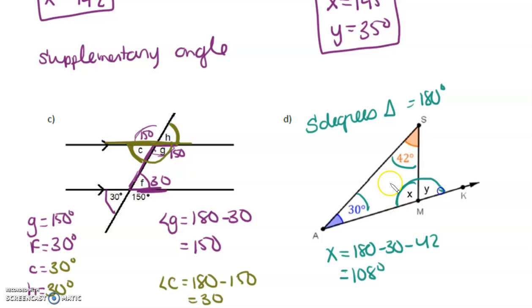Now, x and y are going to equal 180 as well because of the supplementary angle theorem. So angle y equals 180 minus 108. I get 72. So this one's 72 degrees.